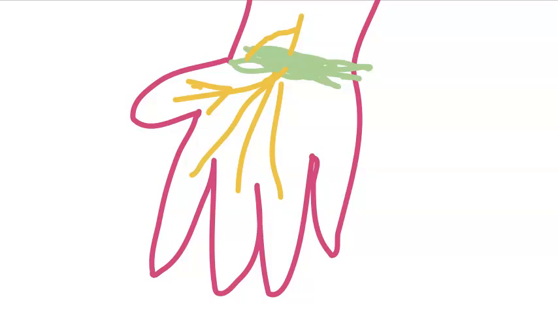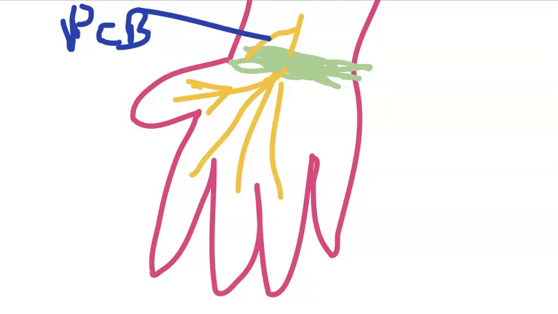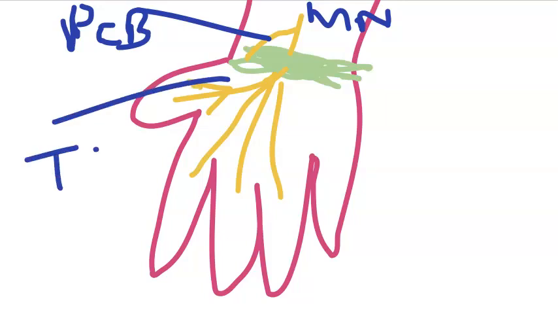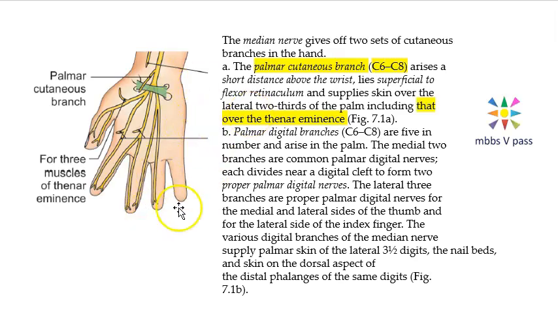This is the main focus here. Palmar cutaneous branch of the median nerve, C6 to C8, label this as median nerve. Okay, that's it. And here you have to label this as the thenar eminence. And you can write the muscles here also if you want. And then you should say this is the right palm. Okay, anterior view, like that you can write.